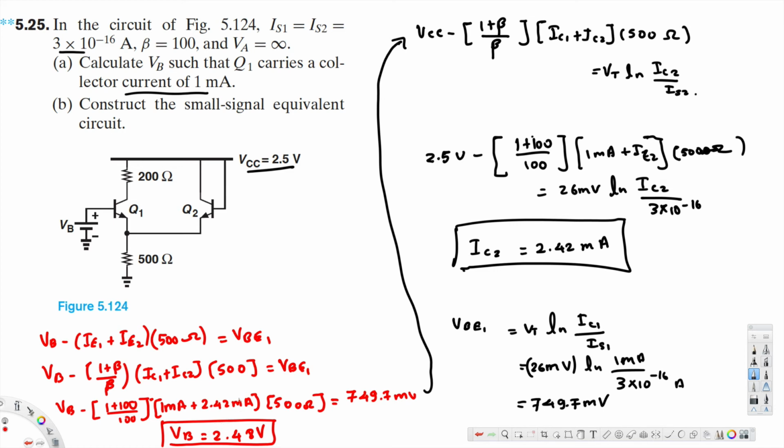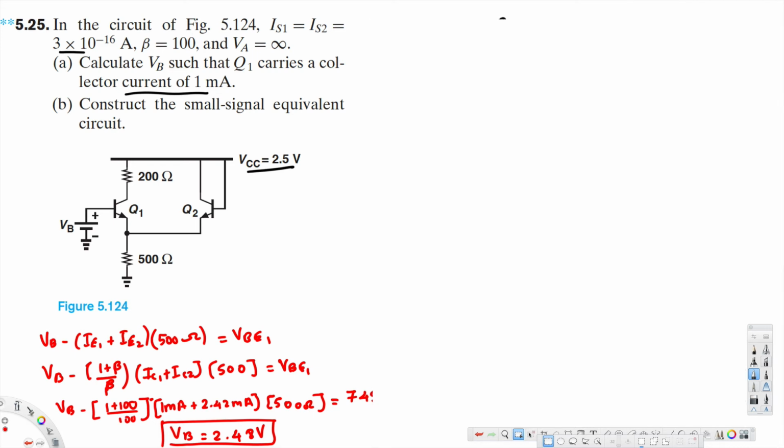Now the second part is asking us to construct the small signal equivalent circuit. Let's go ahead and do that. Whenever they ask for a small signal equivalent, we always have to solve for the transconductance of the circuit. So the transconductance GM1 is equal to IC1 divided by VT.